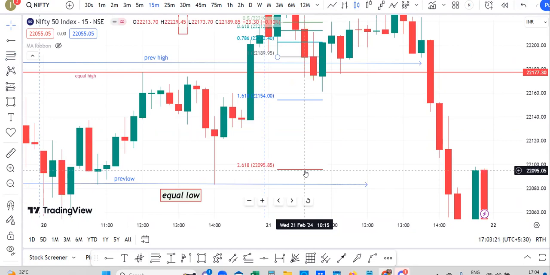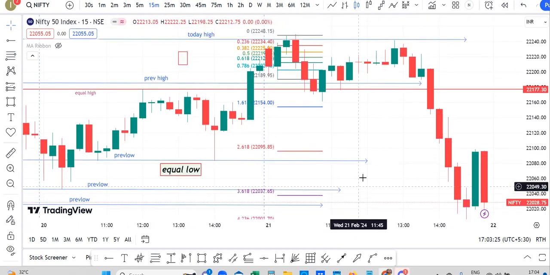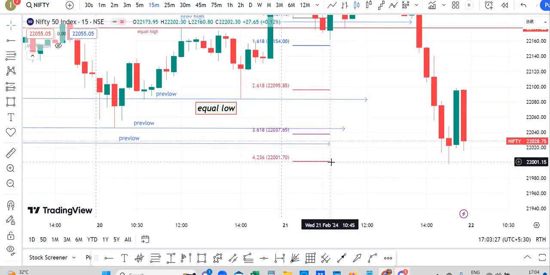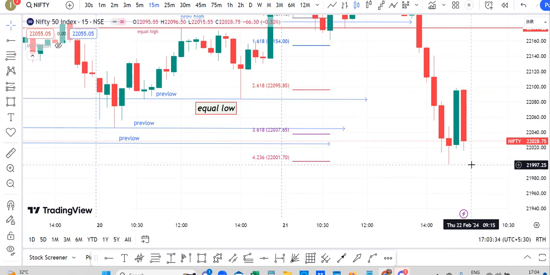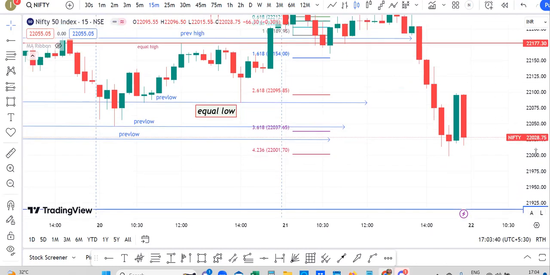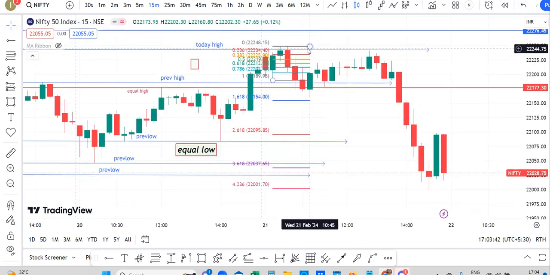I anticipated the correction to 22,095 and also 22,047, and it gave almost the full Fibonacci 4.3236 retracement. 22,001. It went up to 21,097. This was the anticipated level.